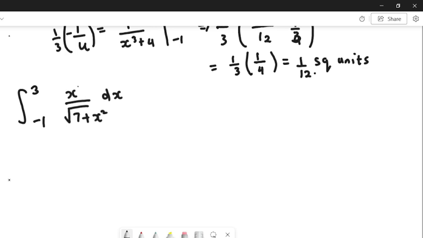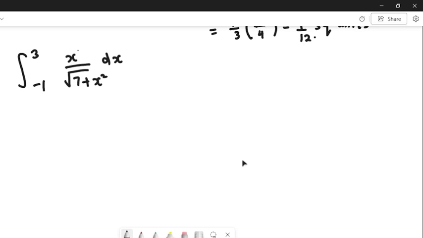Someone will ask, how will I know which technique I'm supposed to use? Each of the techniques is unique and can be easily identified. For example, if you are supposed to use substitution, you look at your problem closely and you realize in the numerator we have x dx, and in the denominator we have 7 plus x squared, meaning we can easily get x dx from this whole thing.